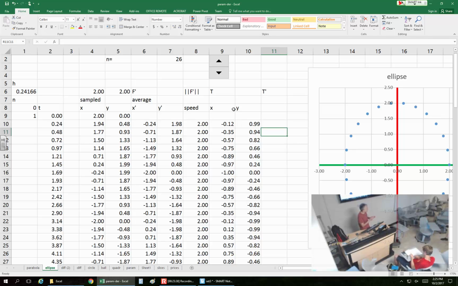Just the second derivative done the right way, but it's still a second derivative, so we have to differentiate for the second time. I'll just take these two values, and I could just copy this one and put it here.